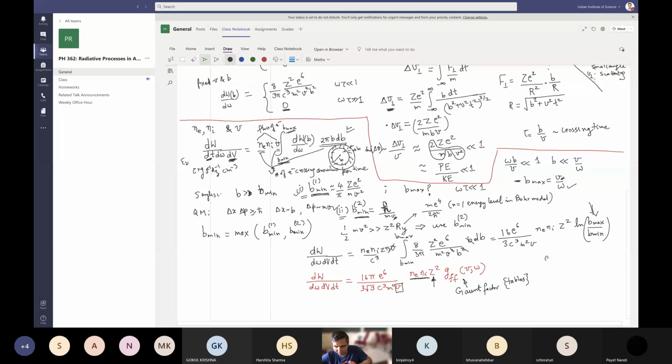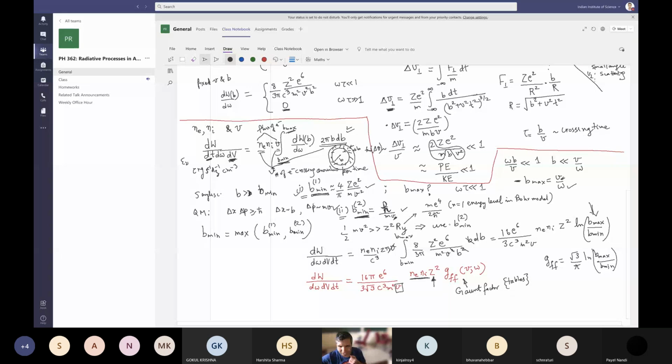And this g_ff, by comparison, you can actually see is equal to square root of 3 by pi log b_max by b_min. So you'll see there are the high velocity and low velocity limits of this g_ff, corresponding to this b_min or this b_min. So at very high velocities, you should use the quantum mechanical formula, this one.